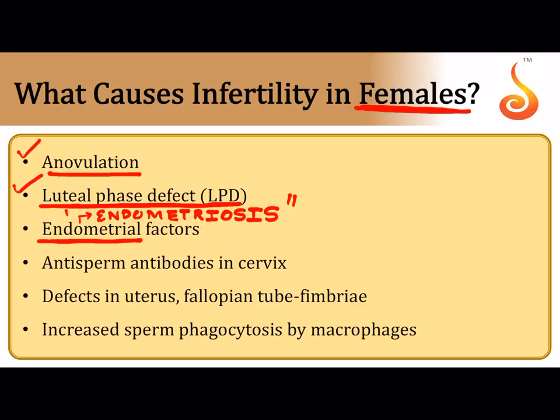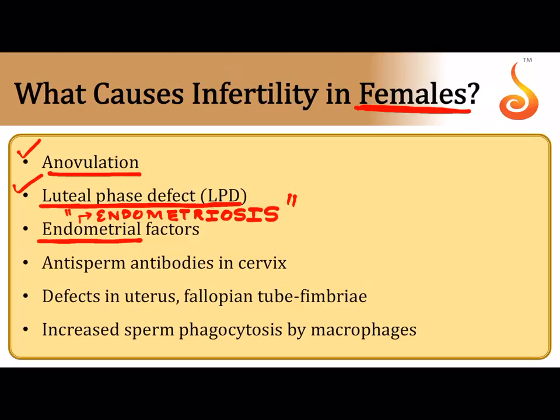In endometriosis, endometrium may be formed outside the uterus in the pelvic cavity. This is something very peculiar. Normally, where should the endometrium be? The endometrium should be on the inner wall of the uterus, but in this case, it is formed elsewhere. So this condition is called endometriosis.